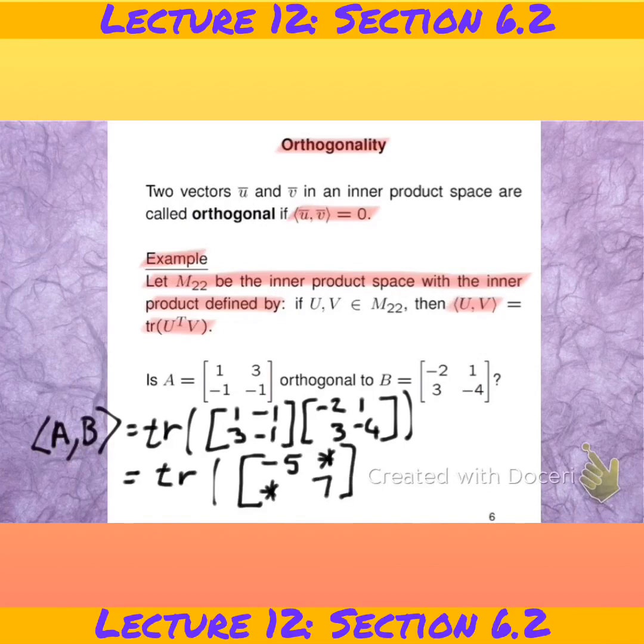And the trace of that is clearly equal to 2, which is not 0. So that is going to imply that A and B are not orthogonal.